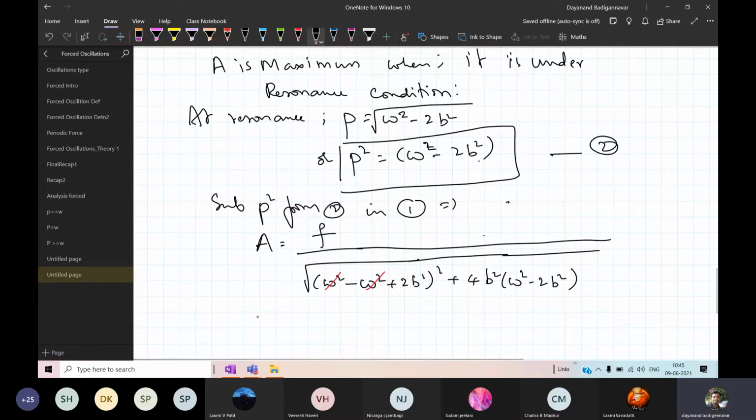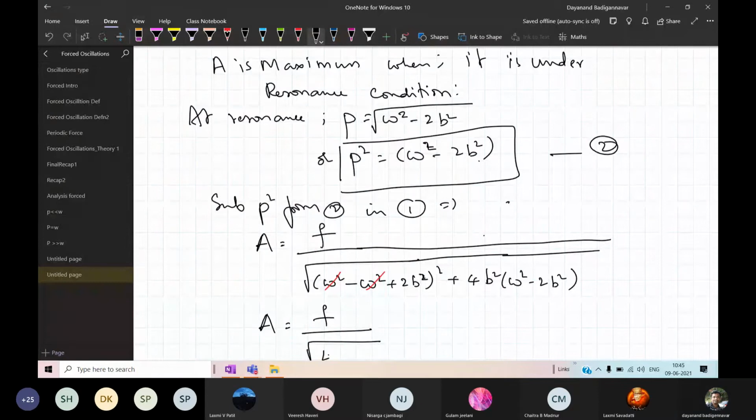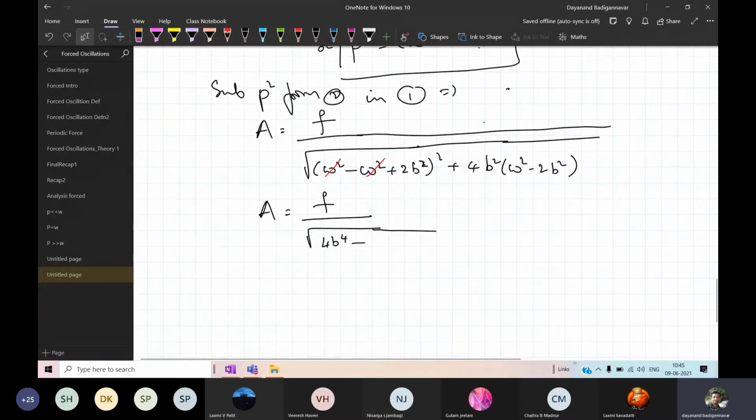Therefore A is equal to F divided by root of, the 2b square whole square becomes 4b raised to 4, plus, taking the 4b square inside the bracket, it becomes 4b square omega square, and 4 into 2, 8, minus 8b raised to 4.